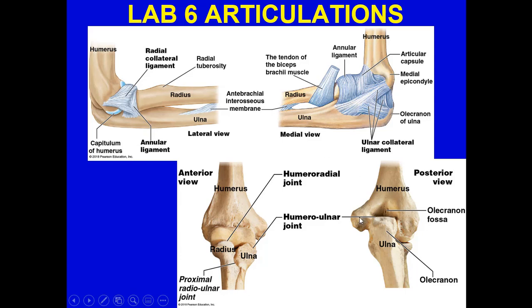Here what you would see is, again, the elbow joint, radius, ulna, humerus. Proximal radioulnar joint right there. Humeroradial joint right here. Humeroulnar joint right there. Notice that you've got this ulna fitting into the olecranon fossa, as I said. So it sort of fits in there nicely.